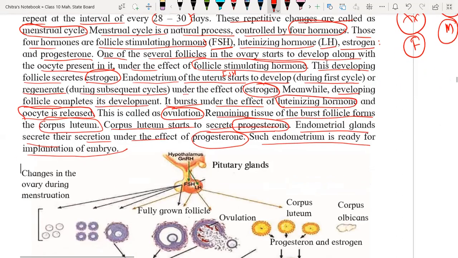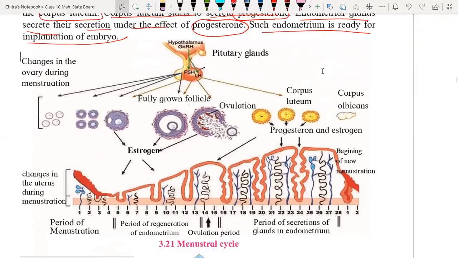Okay, so here we have the complete day by day chart where we can understand the complete process of the menstrual cycle. Here we have the pituitary gland.